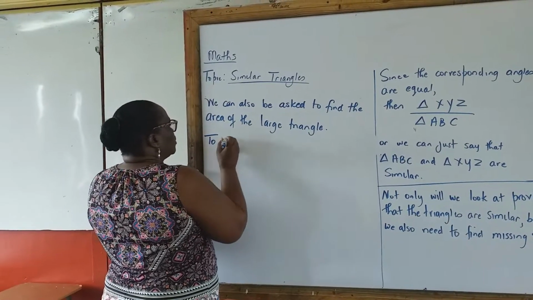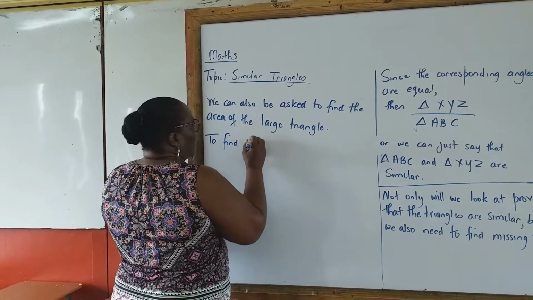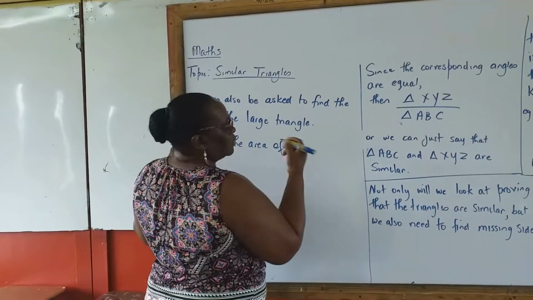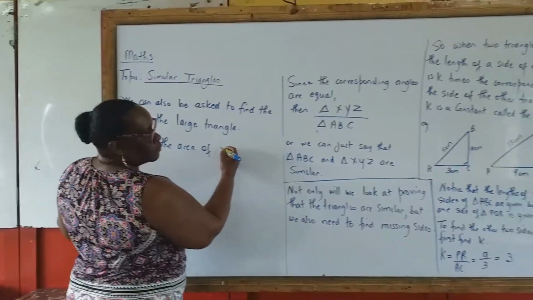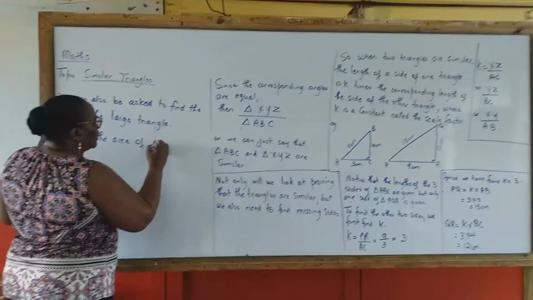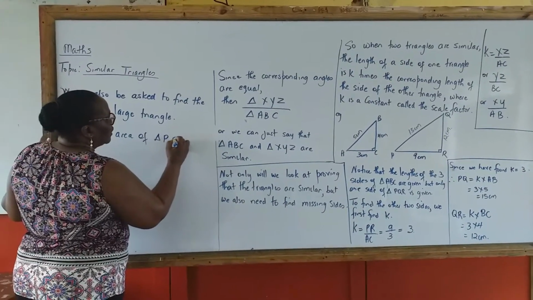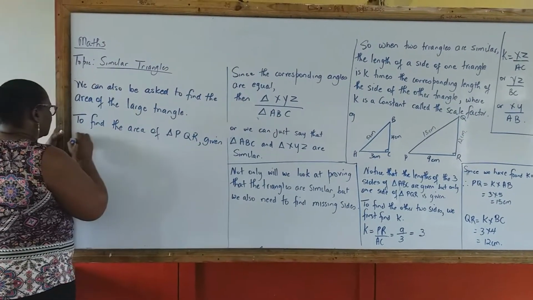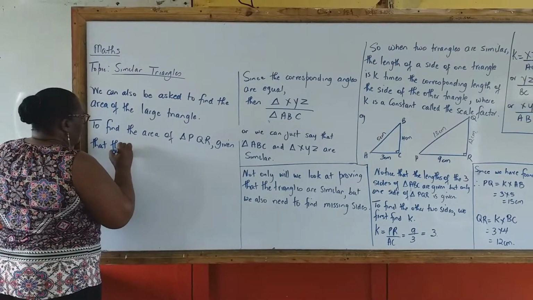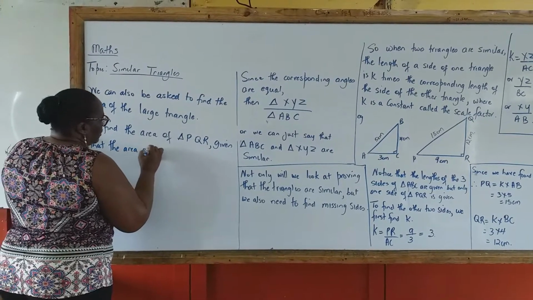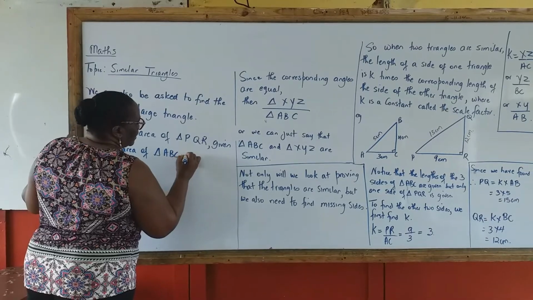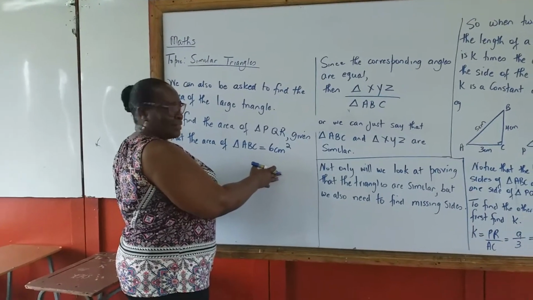So, to find the area of triangle PQR, given that the area of triangle ABC is equal to 6 centimeters squared. Right.